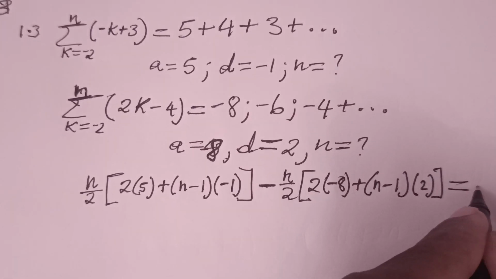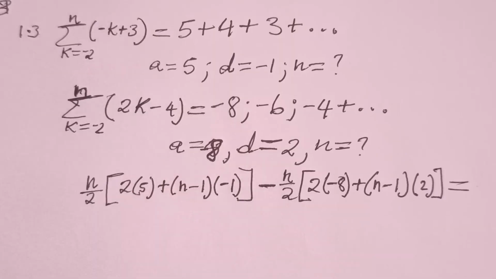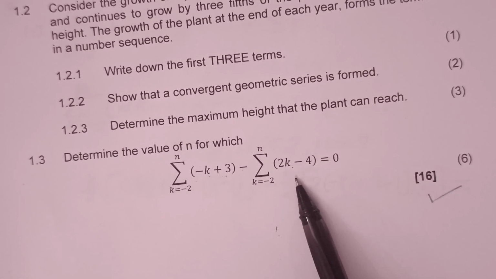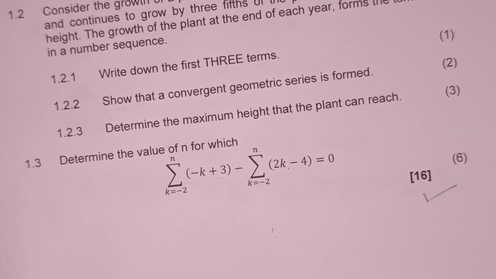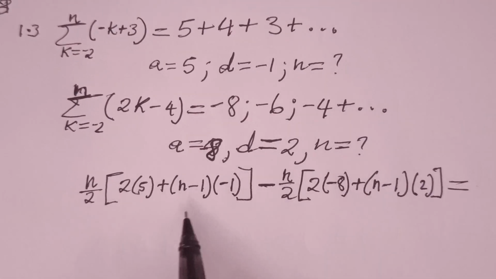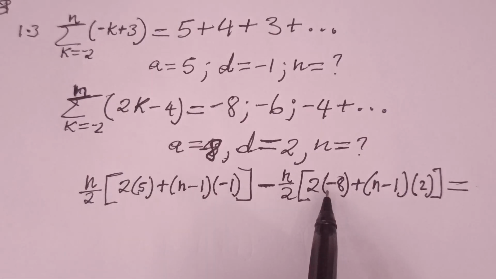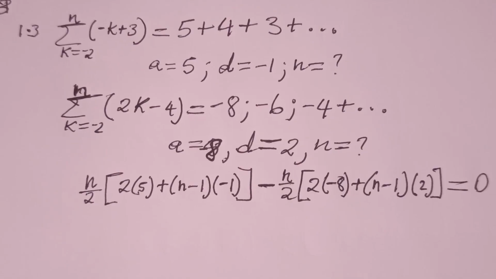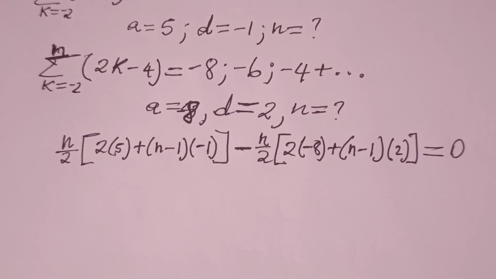Because this minus this must equal 0. This one is this, and this series is that in terms of Sn, equal to 0.